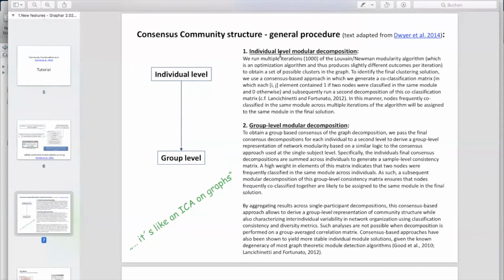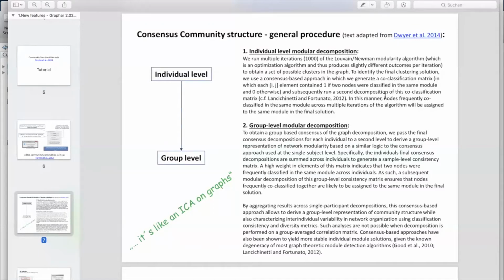So the result of the affiliation vector, which is basically telling you the assignment of nodes to the specific modules, can vary from run to run. So we run a couple of those and then aggregate those in a kind of co-classification matrix to then run a clustering algorithm on this co-classification. This is also called an agreement matrix, to determine a final clustering solution.